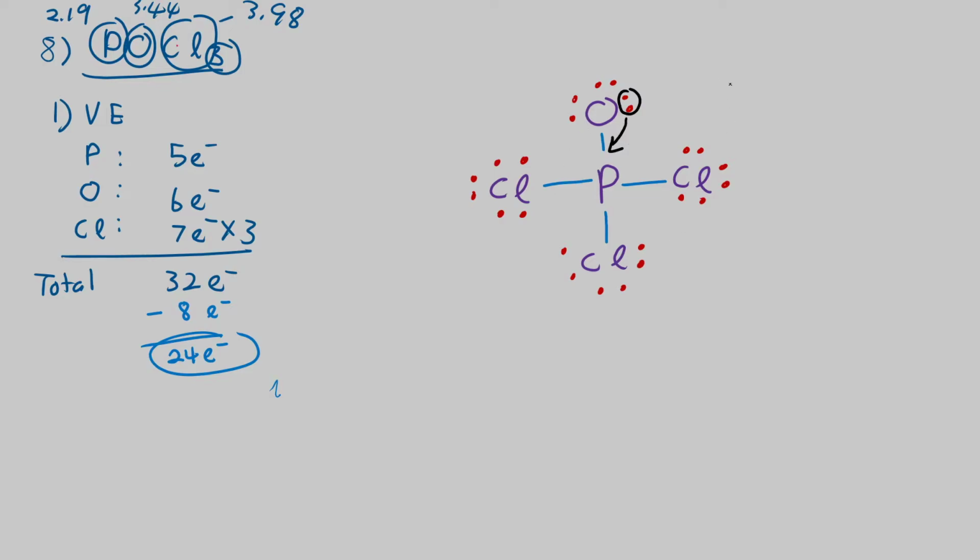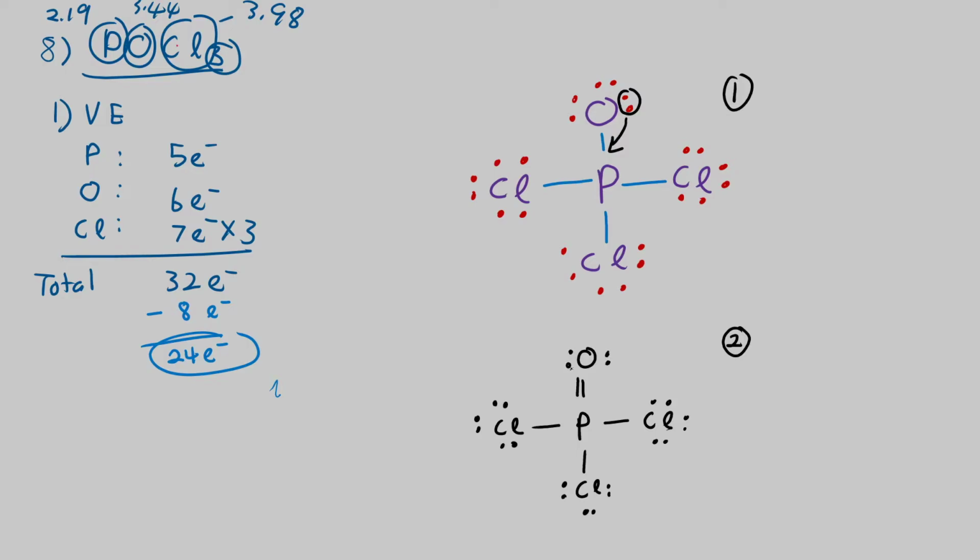So this is one structure, and the second structure also boleh like this. Chlorine, chlorine, chlorine, like this. Right, so this is also a possible structure.